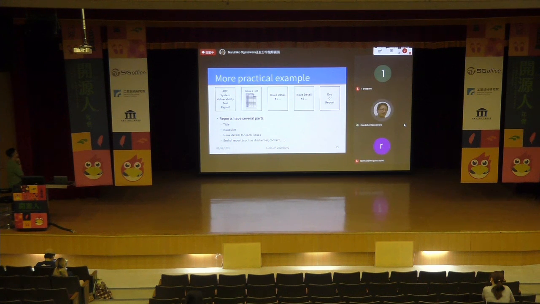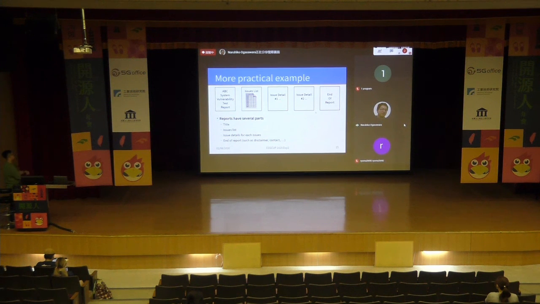Our report should be, for example, the title page, cover page, and this is the issue list we found, and this kind of table, detail page one, detail page two, and maybe some kind of end of report page.